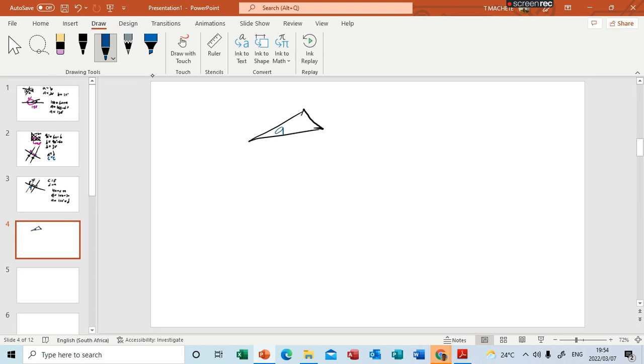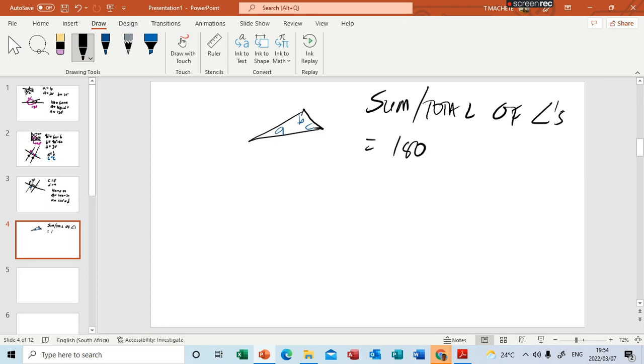So let's say I've got A and then B and C. So the sum, or the total, of the angles is equal to 180 degrees. They add up to 180.